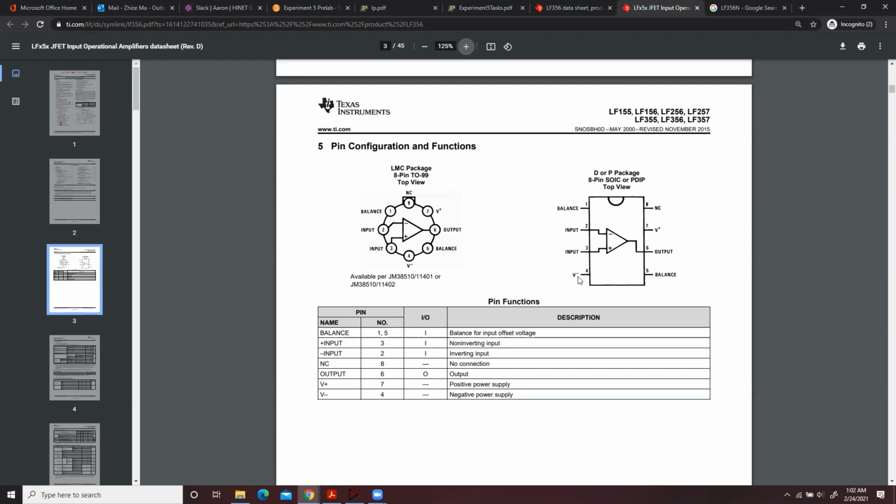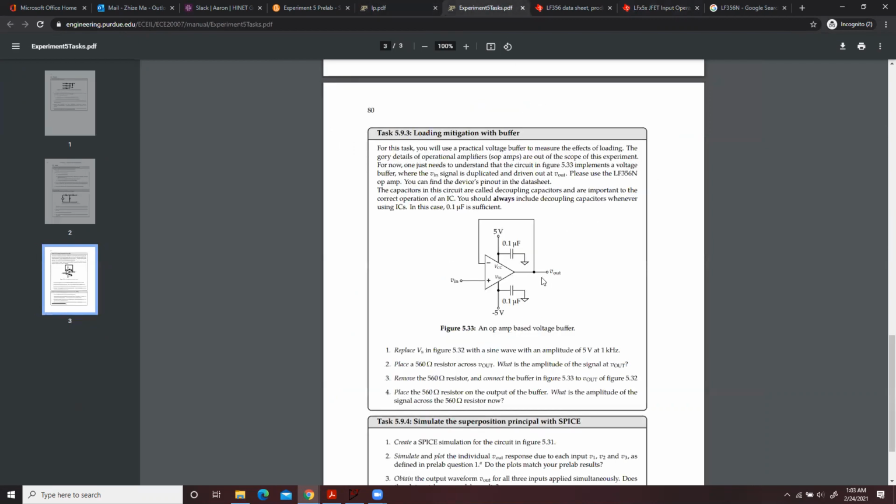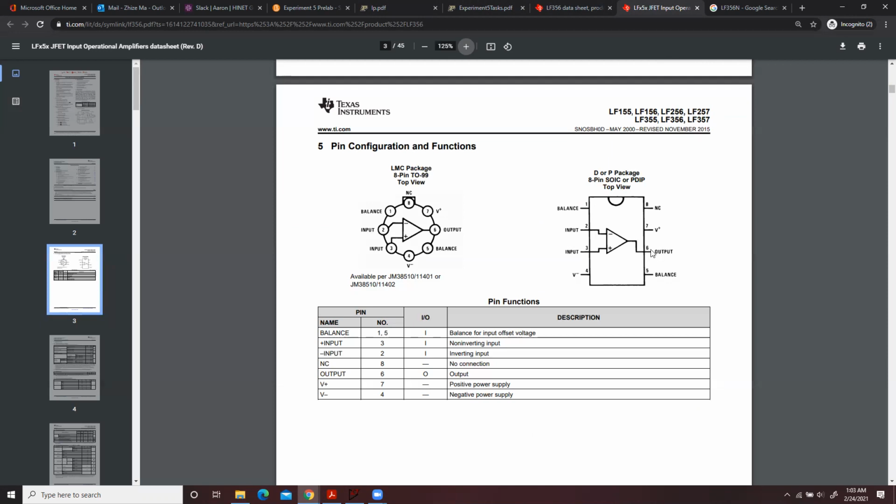If you accidentally flip them, you may break this chip and burn it, so don't do this. And the output is just pin 6. What I usually do when I build this circuit is, before I turn on my voltage source, I double check every pin is correct. Then I turn on my voltage source and turn on my signal.